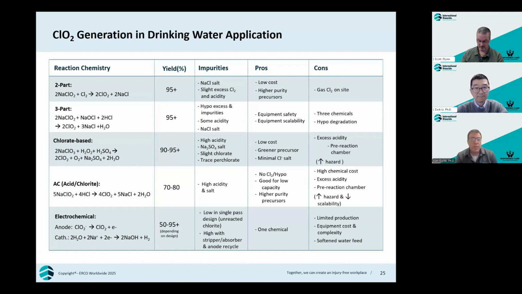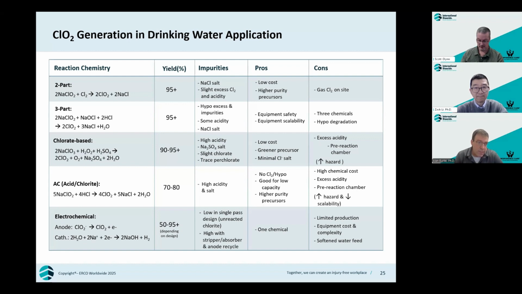So this does use a pre-reaction chamber to feed into the water supply. So a little more hazardous in equipment scale, but the precursor has a good cost point, as all sodium chlorite is manufactured from sodium chlorate.